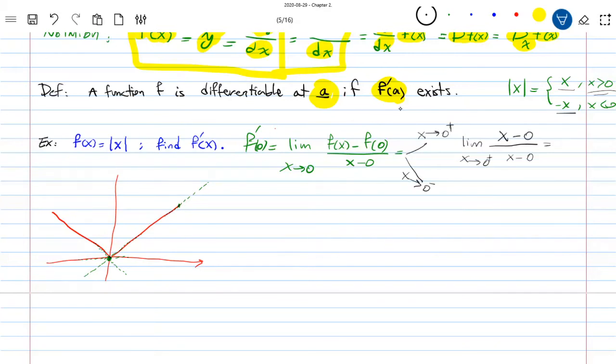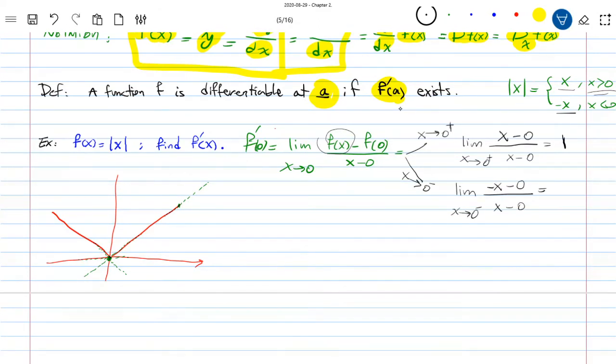You can simplify: x minus 0 is x, divide them by each other, simply 1. And if you do that for the left side, the numerator is the f function, f of x. f of x on the left side is negative x. So I will have negative x minus the absolute value of 0, which is still 0, divided by the denominator, still x minus 0, as x approaches 0 from the left side.